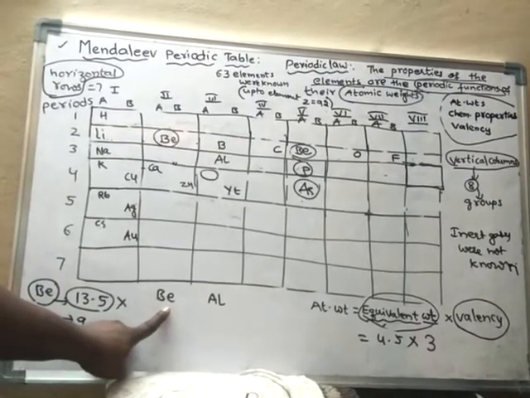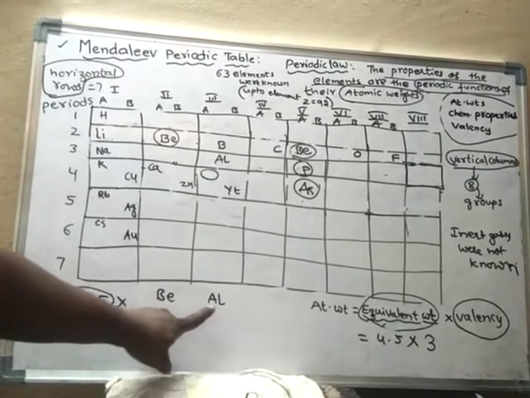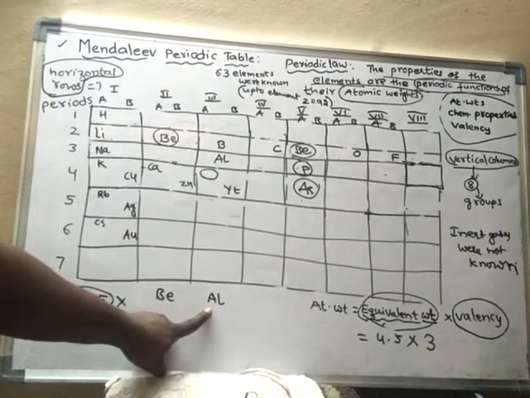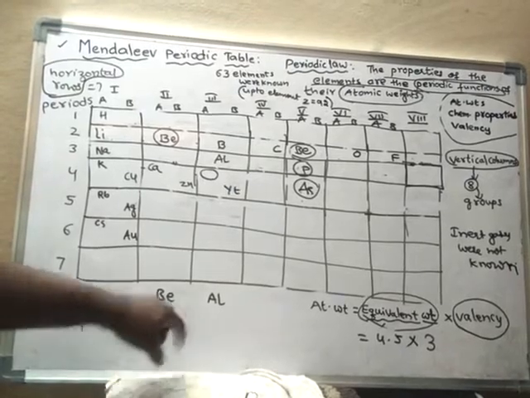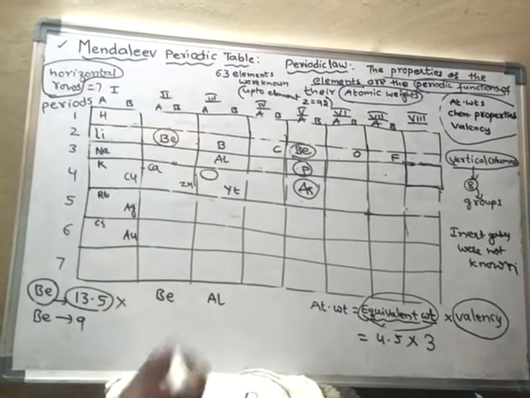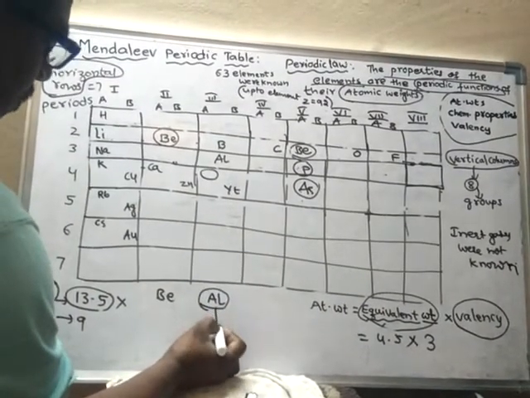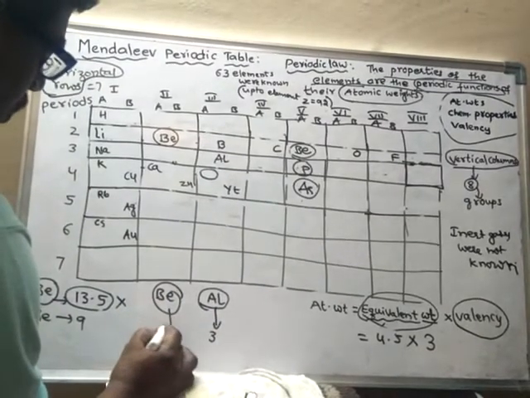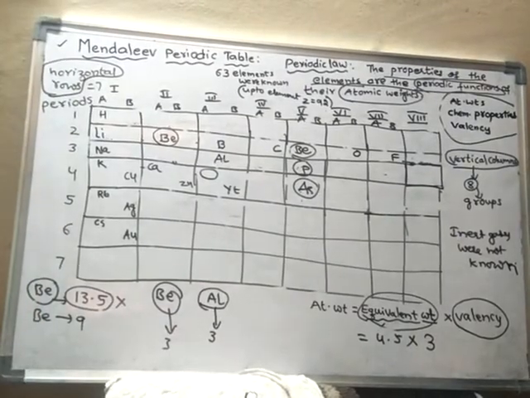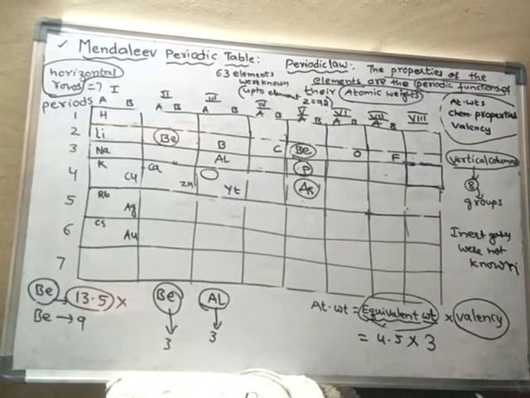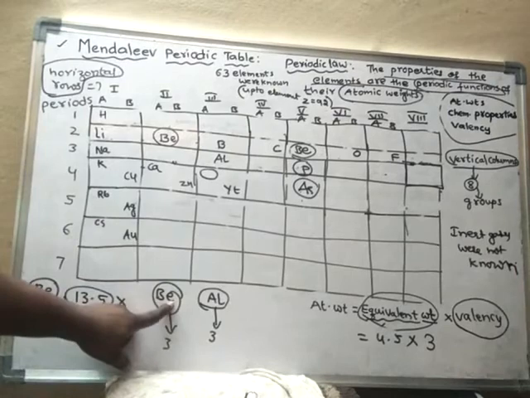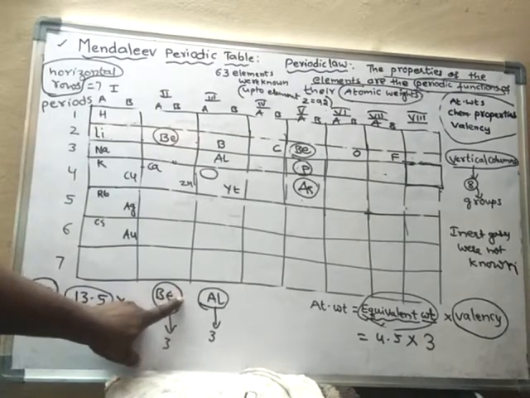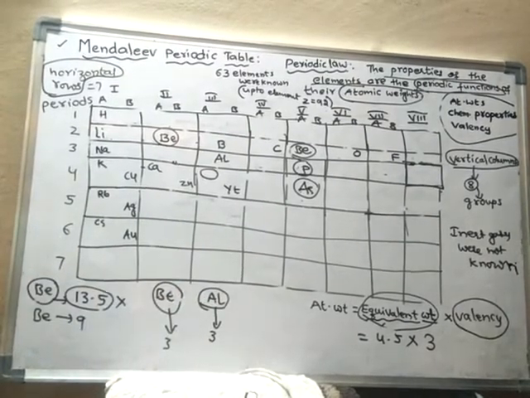As the properties of beryllium are similar to those of aluminum in many respects, the previous scientists thought that as the valency of aluminum is 3, beryllium's valency must also be 3. Because the properties of beryllium are matching with the properties of aluminum.